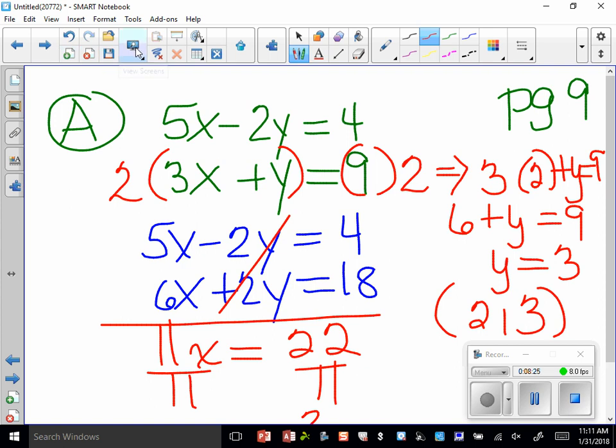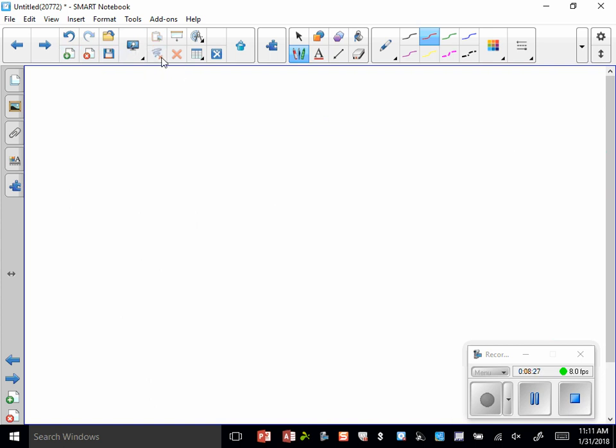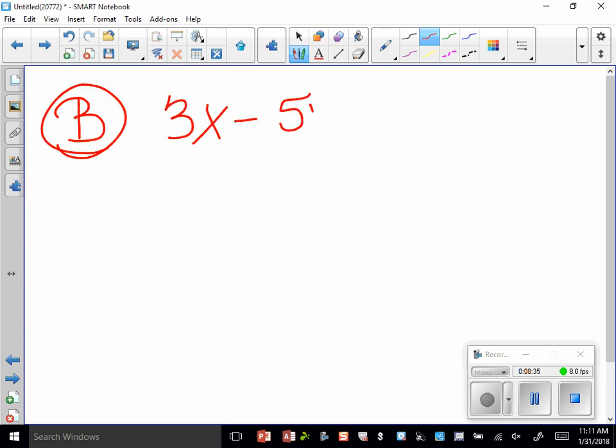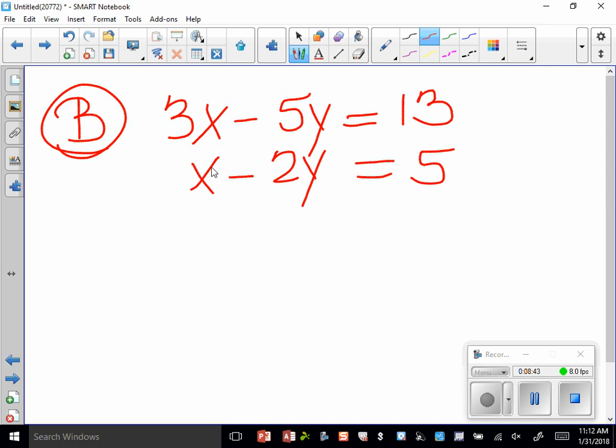All right. So let's do letter B. Okay, we're still on page 9, so we have 3x minus 5y equals 13, and x minus 2y equals 5. So take a careful look at your variables and which one would cause you less work, where you wouldn't have to multiply both.